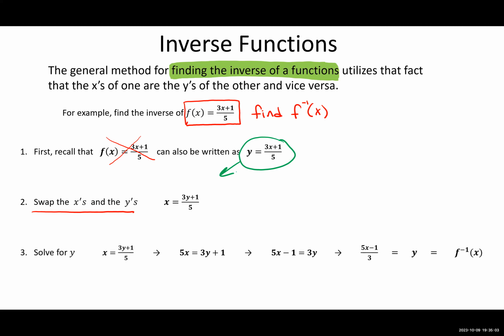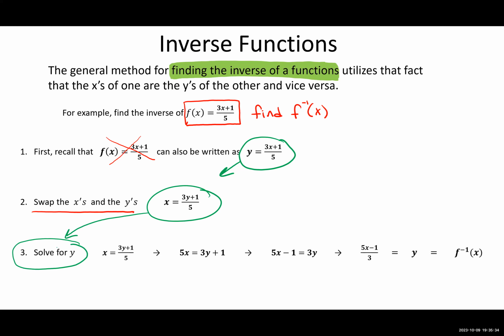So step one, change every x into a y, change every y into an x. So instead of y equals 3x plus 1 over 5, it's x equals 3y plus 1 over 5. So that's step one. Change every x into a y, change every y into an x, and now solve for y.